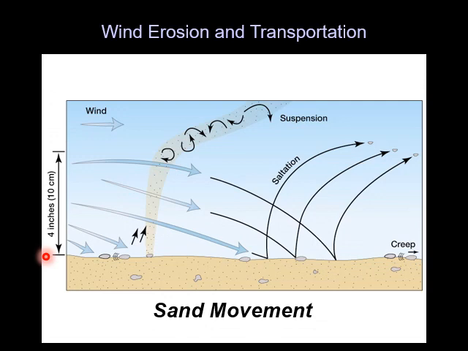Wind erosion and transportation. Wind erodes particles. Movement is mainly by saltation, also suspension, especially for finer particles, and for heavier ones like some boulders and pebbles, movement is by creeping.